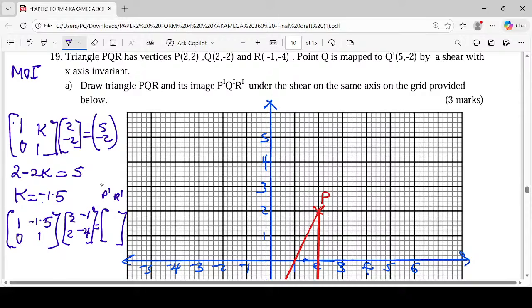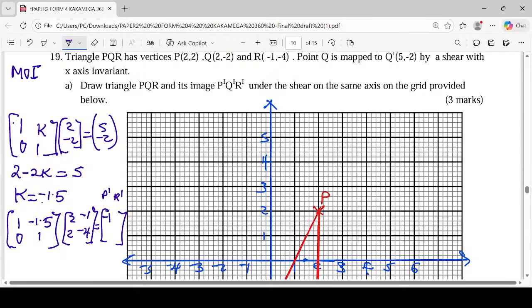So remember, it's row times column. So when I take 1 times 2 plus -1.5 being multiplied by 2, that's going to give you -1.